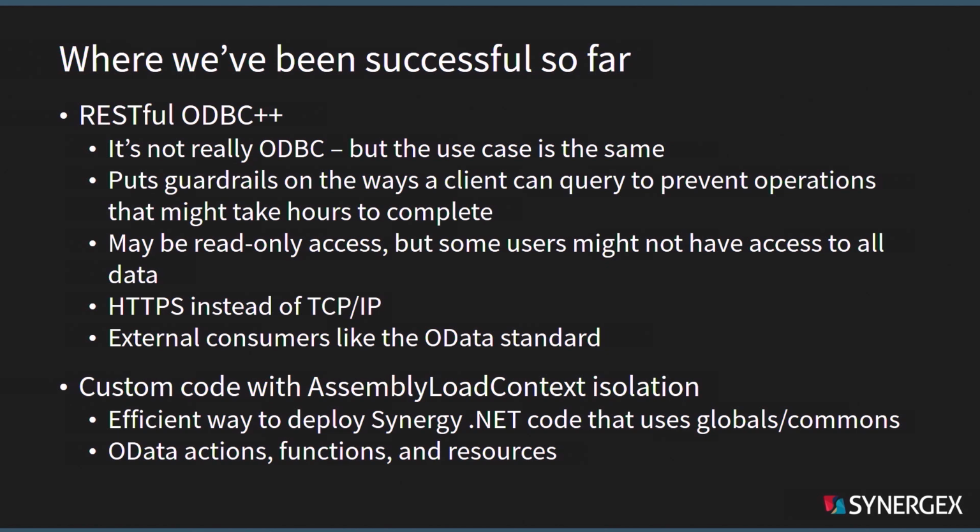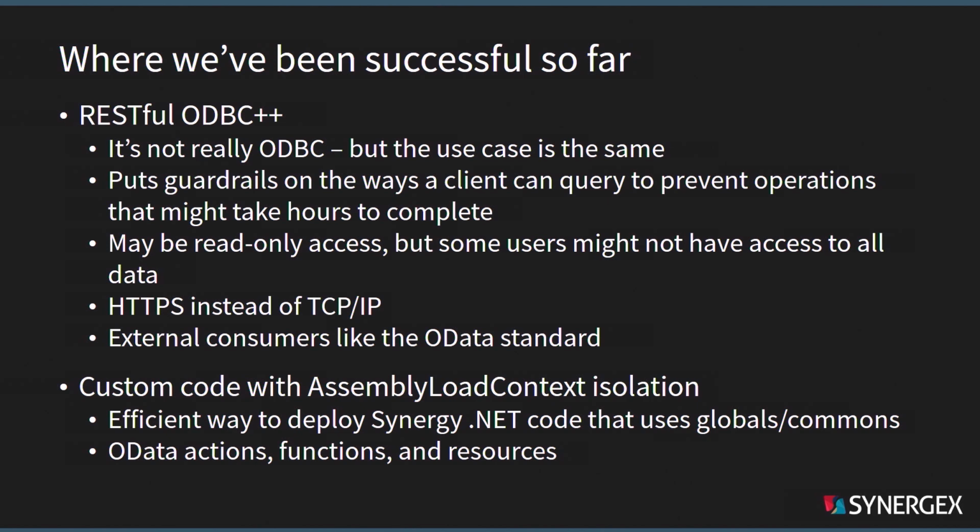And the other big difference is HTTPS instead of raw TCP/IP. Offering ODBC over the internet is a very questionable proposition that you might not want to do. Everything gets in the way if you try, but HTTPS, the internet loves HTTPS.